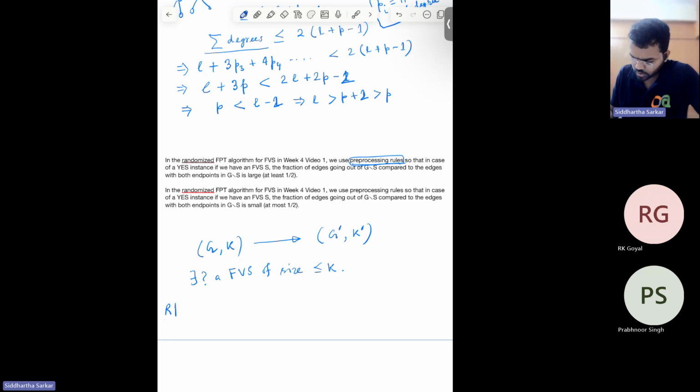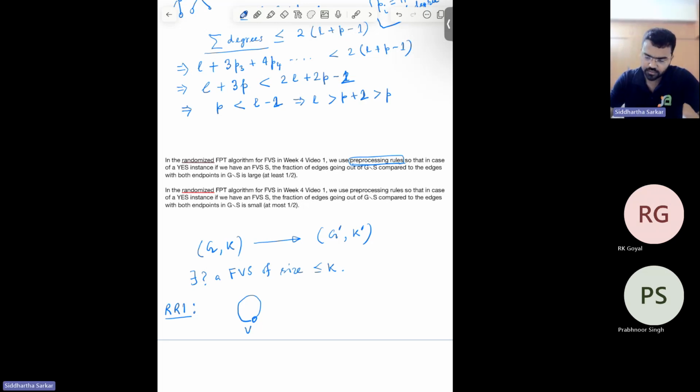The first reduction rule is RR1. If there is a vertex V in the graph which has a self loop, you must delete this vertex, because if you do not, how will you kill this cycle? To destroy this cycle, you must delete the vertex with the self loop.